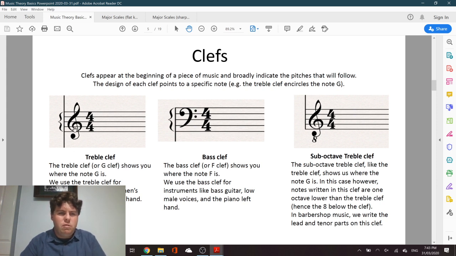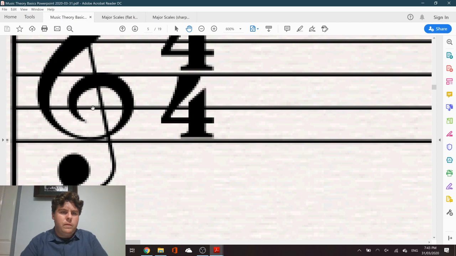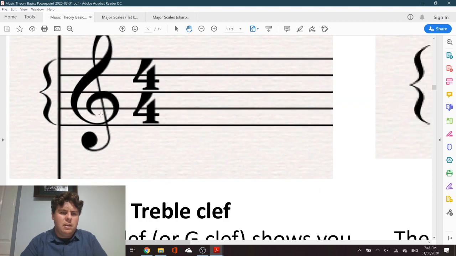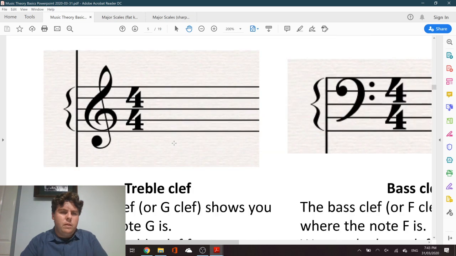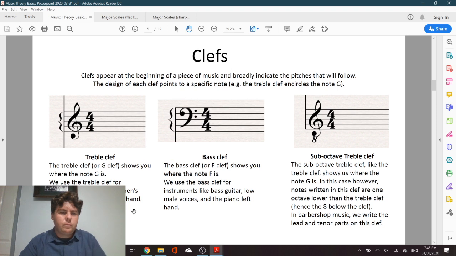If you're looking at your treble clef here, I might zoom in a little bit on it. It's circling around the 2nd line of the stave, and this treble clef is telling you that the note it's circling around is G. So that's why the treble clef is sometimes also called the G clef.